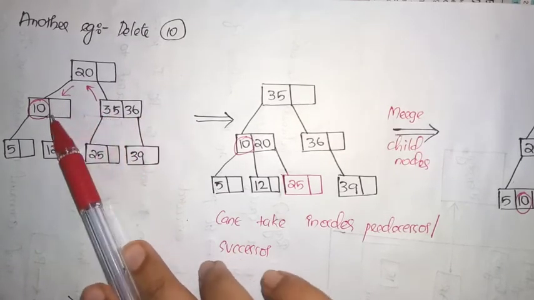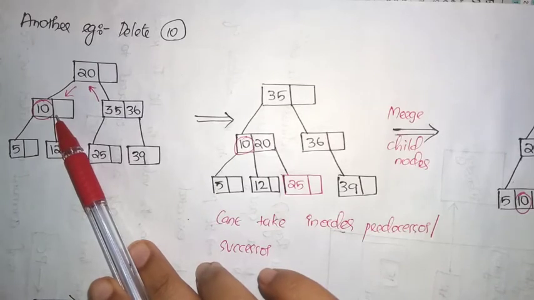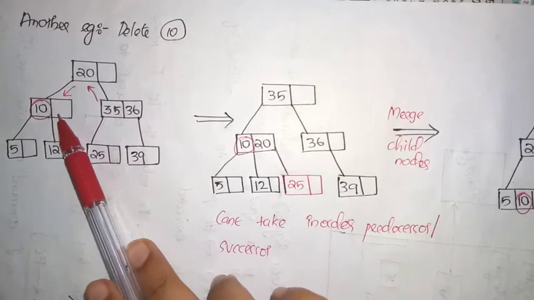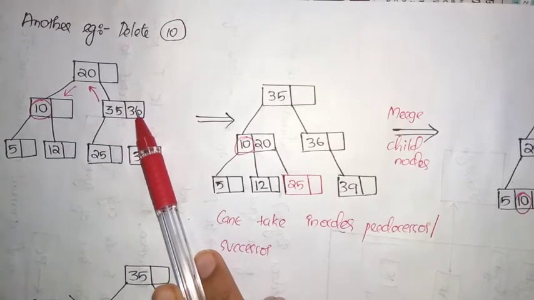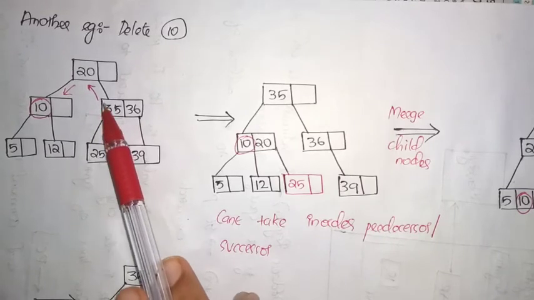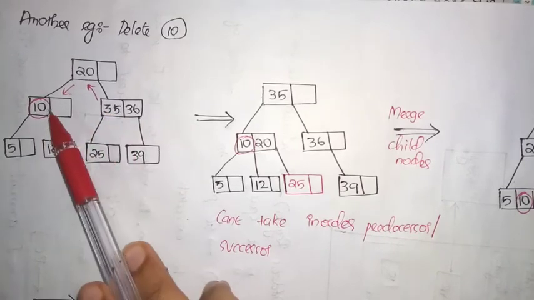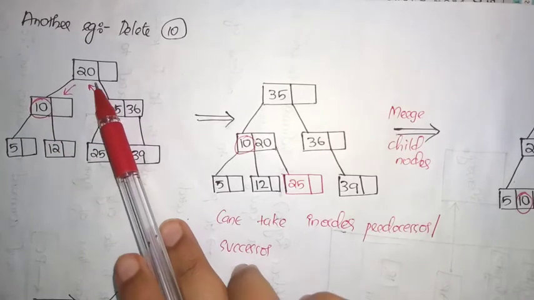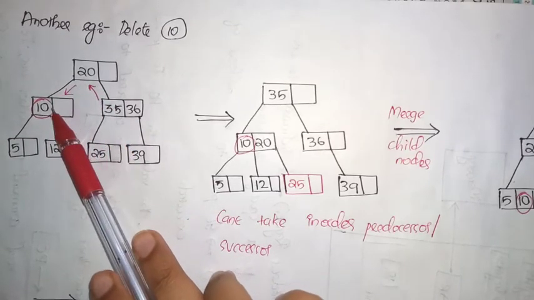Can it provide a key to this particular node? Yes. Why? Because even after it is giving one key to its sibling, it will not be violating the minimum key condition. As we discussed already, this sibling cannot give its key directly to the sibling. The key can be passed only through the parent node, right?